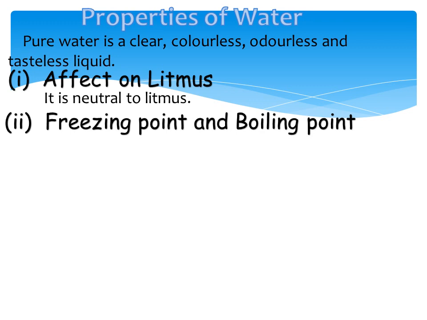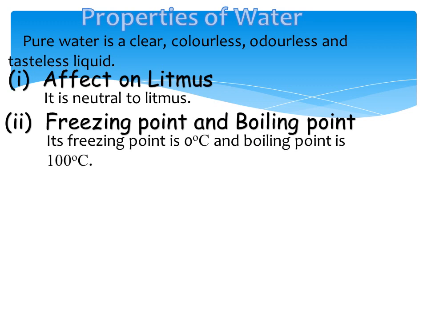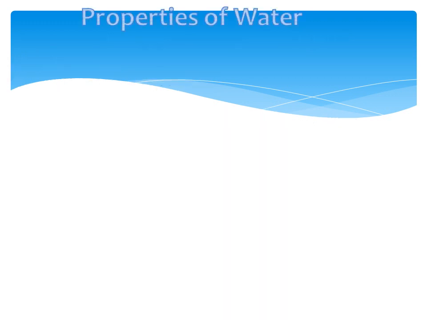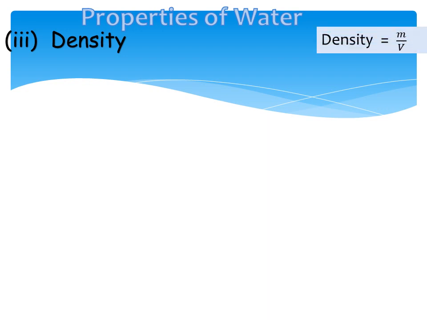Freezing point is the point where the liquid solidifies. The freezing point of water is 0 degrees and the boiling point is 100 degrees centigrade. The structure of the water molecule has an exceptional character, which is hydrogen bonding. It shows extensive hydrogen bonding, because one water molecule is surrounded by four other water molecules.